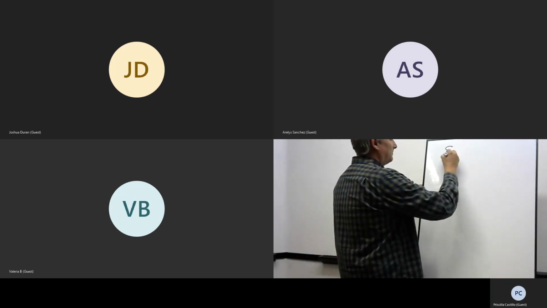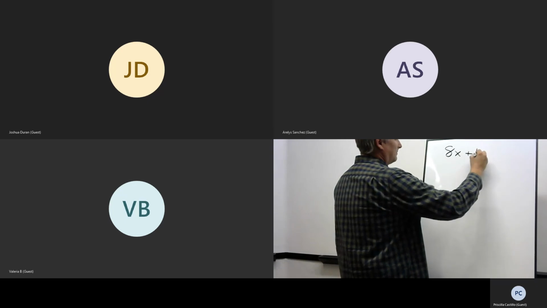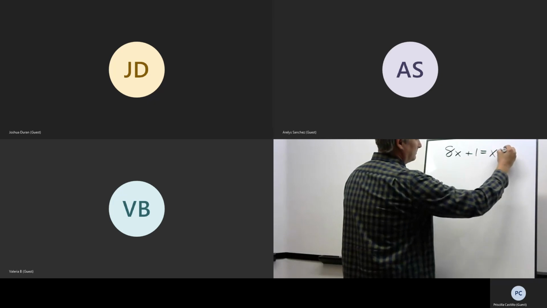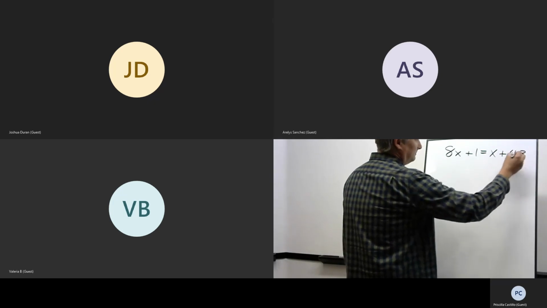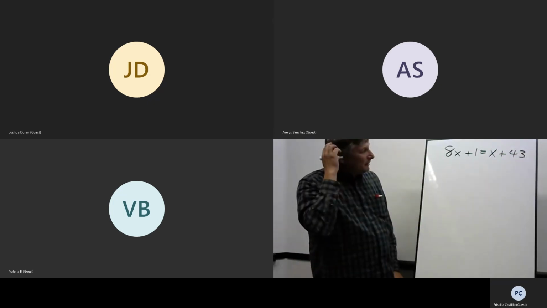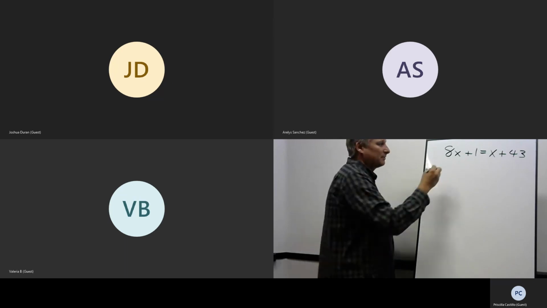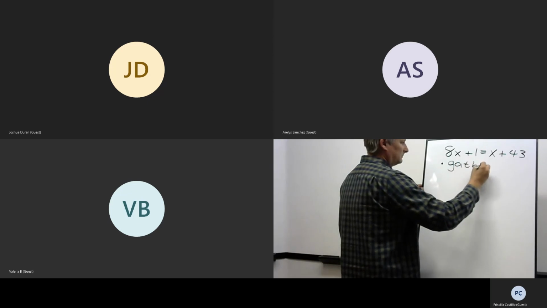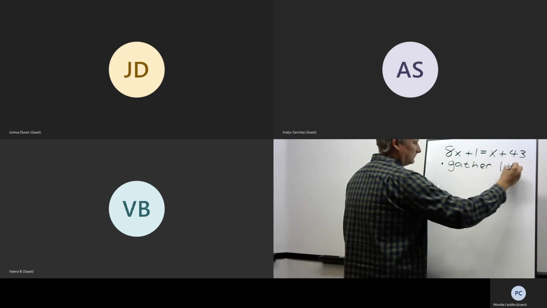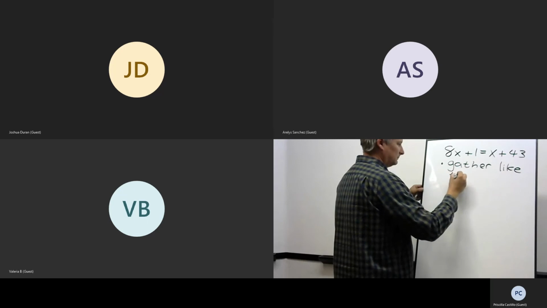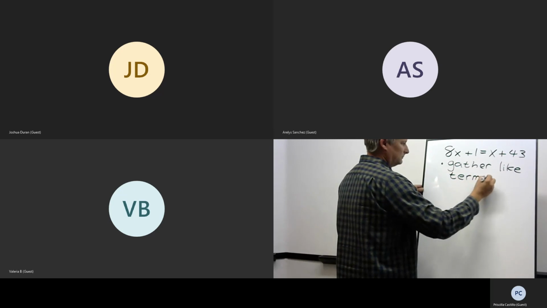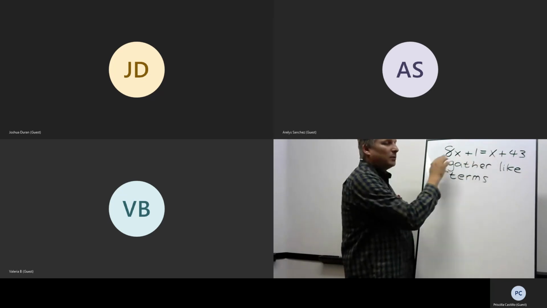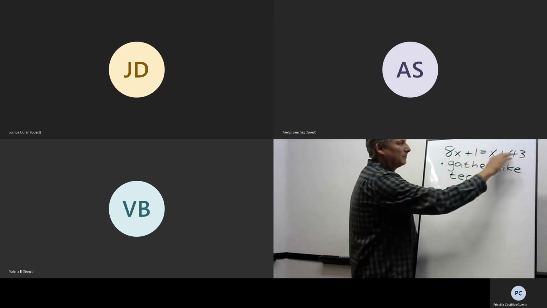Let's say we have this. Well, in this one, what we want to do is gather like terms. So to gather like terms, we want all the x's moved to one side, all the numbers moved to the other.